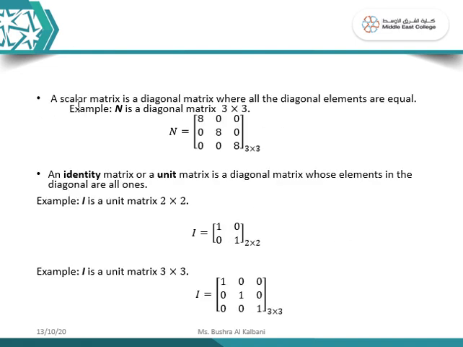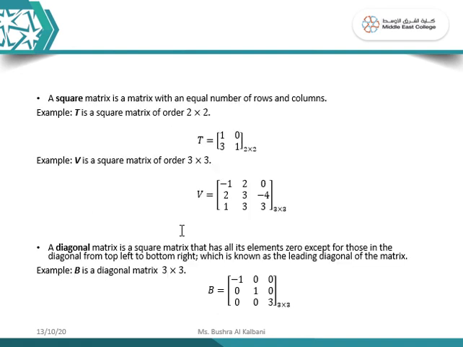And also you have a scalar matrix. In a scalar matrix, all the diagonal elements are equal to the same number, for example 8, 8, 8 or 2, 2, 2. It should also be a square matrix. For a diagonal matrix, first it should be a square matrix, and the elements on the diagonal are not equal to 0.